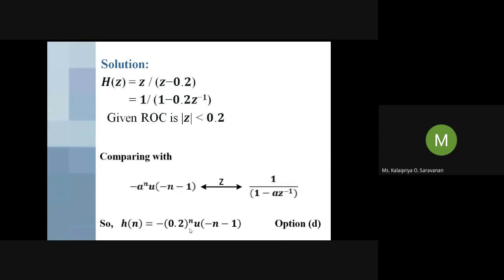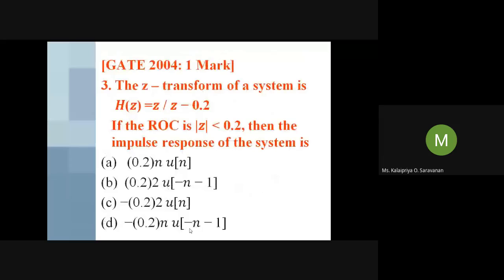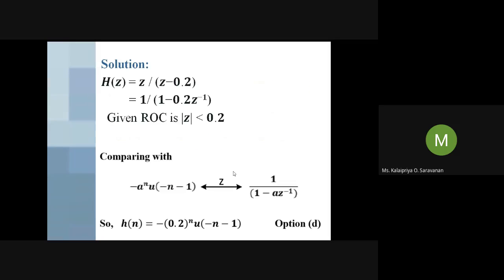So every time you are asked problems like this, to find the Z transform or inverse Z transform of these kinds of formats, or if they ask whether it falls under left-sided or right-sided by the ROC, or if they ask you to find the ROC, the basic point is you will have to compare the given question with standard Z transforms, which are available in any signals and systems book, or you can Google it.